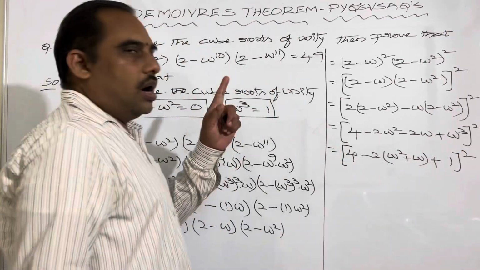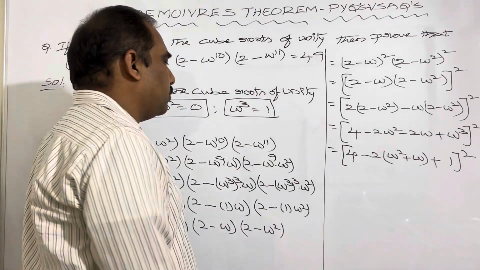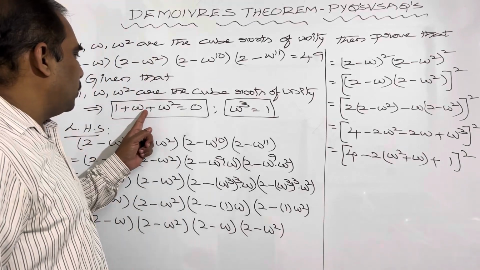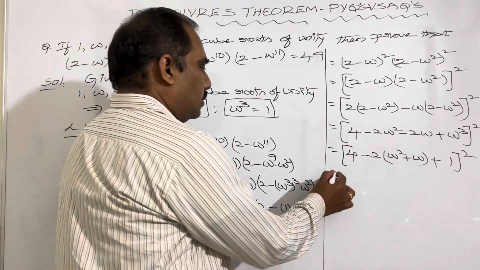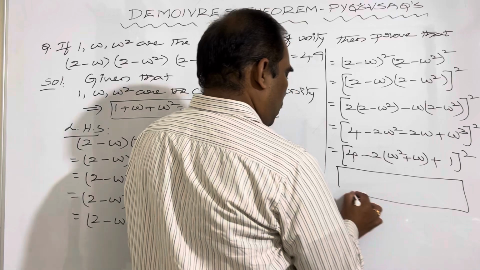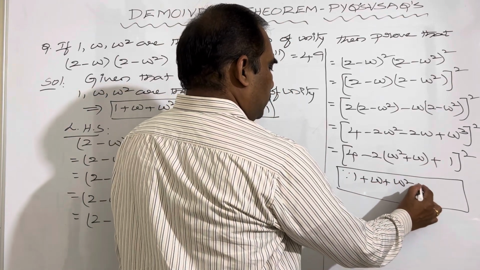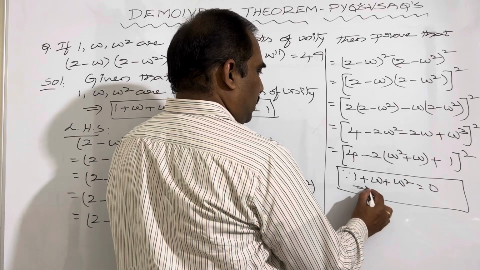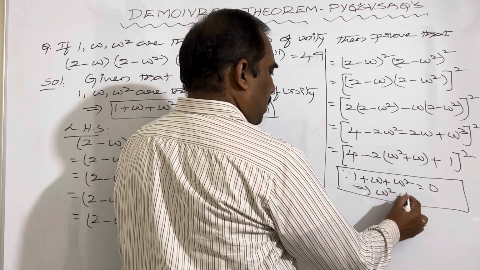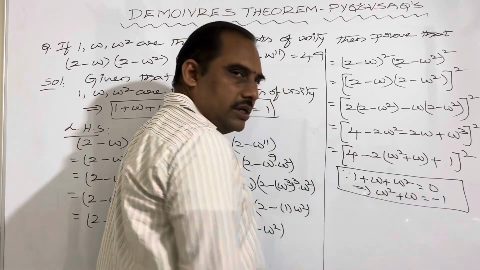We already have 1 plus omega plus omega square equal to 0, so omega square plus omega is equal to minus 1.